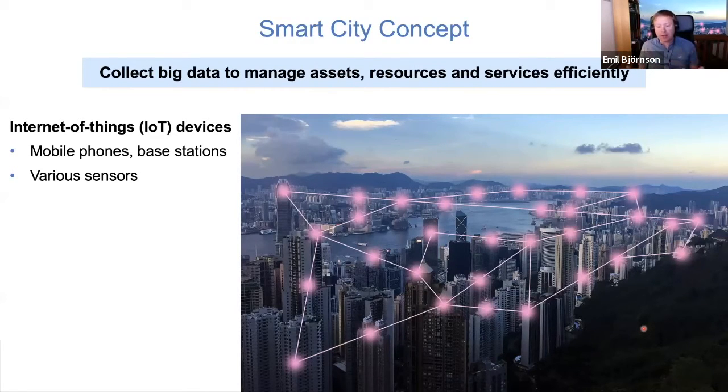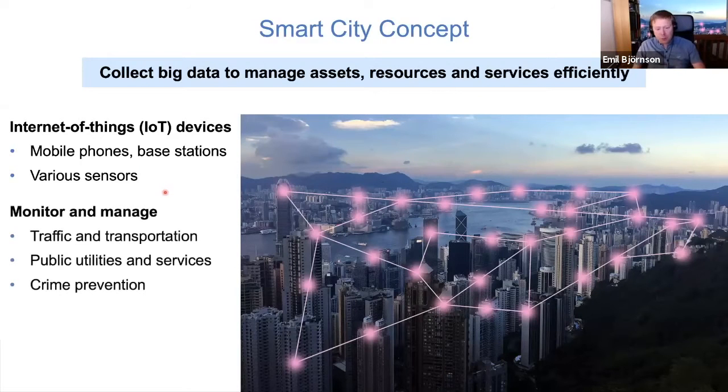There's a lot of data that can be collected by different sensors. And if you can fuse it together, maybe you can make better decisions on how to use things. So you can put up a lot of Internet of Things devices. It could be mobile phones or base stations on the rooftops, or that the users are using. But it could also be various types of sensors, such as temperature sensors, or whatever sensor you can put in a factory or other places.